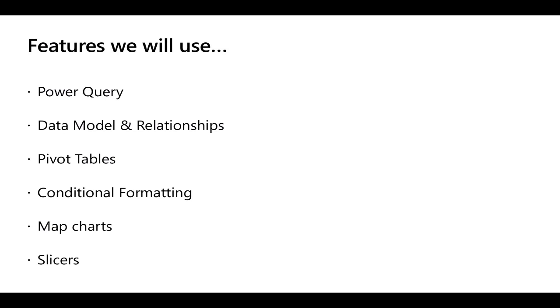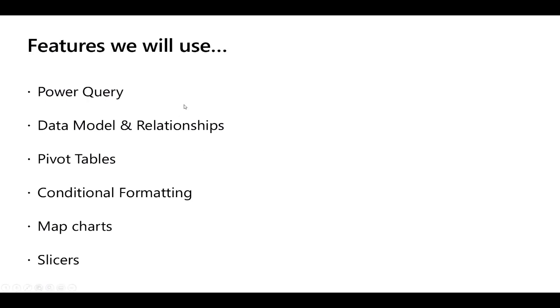And applying some visualizations and conditional format to bring things alive, and then use map charts because we got geographical data, use map charts to show trends there, and then use slicers for user interactions.